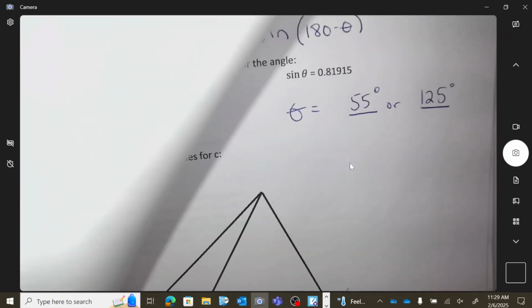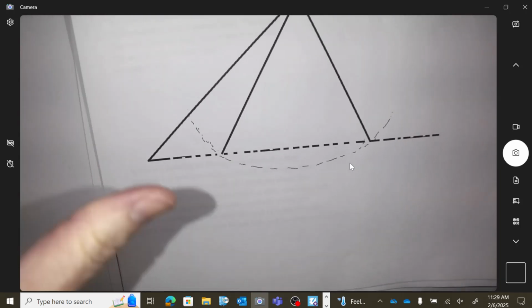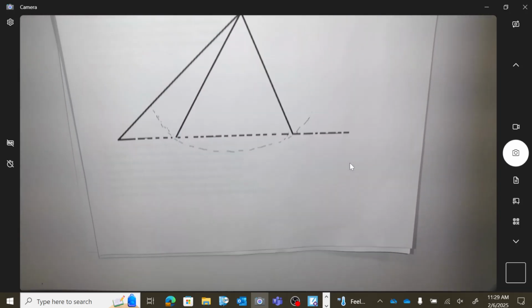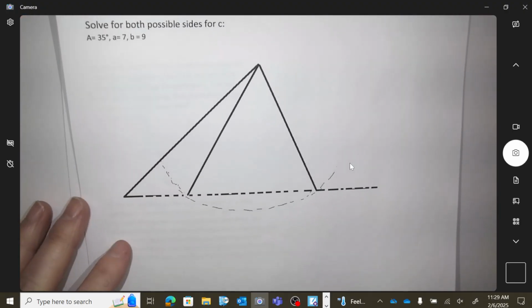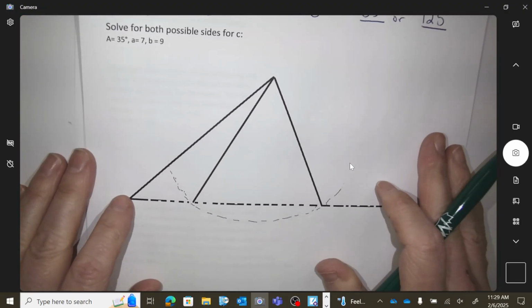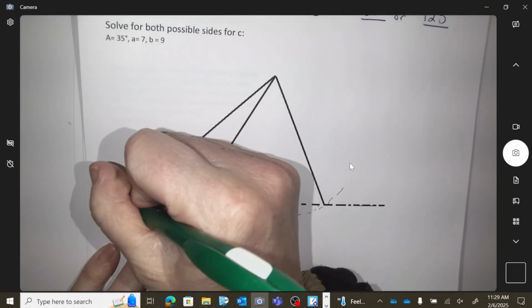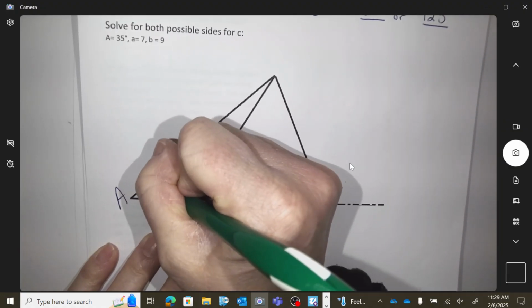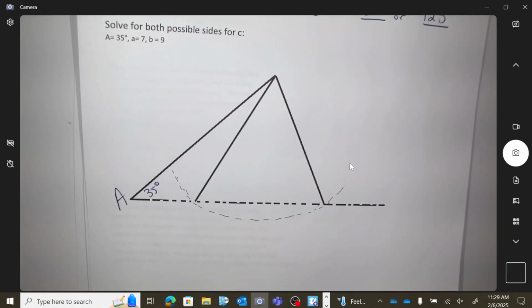Okay, we're going to now do a whole ambiguous with the crazy 2 triangle case. Okay, so here's what we're going to do. We're going to go angle A, right there, 35 degrees.